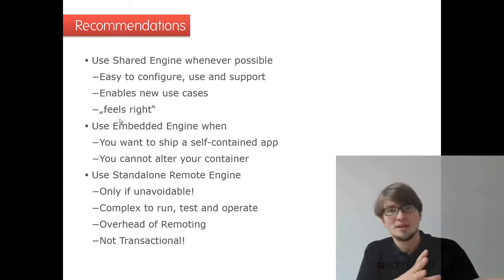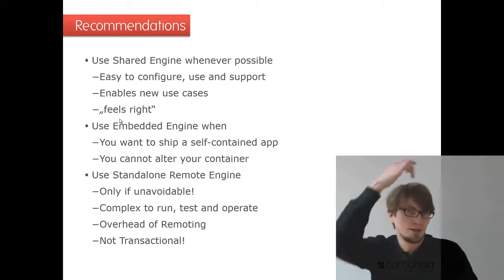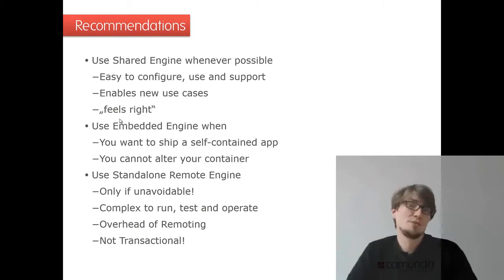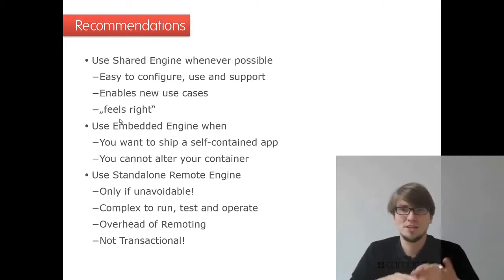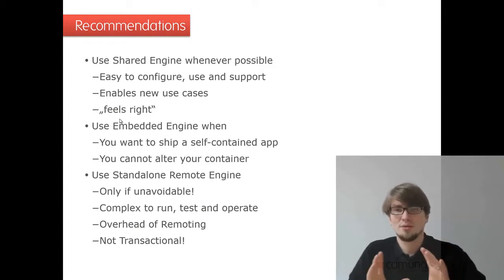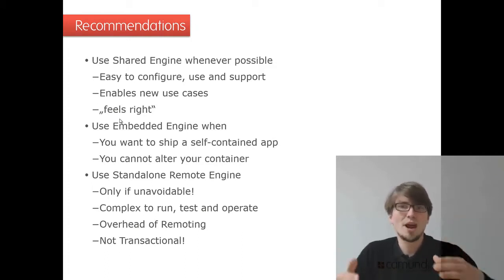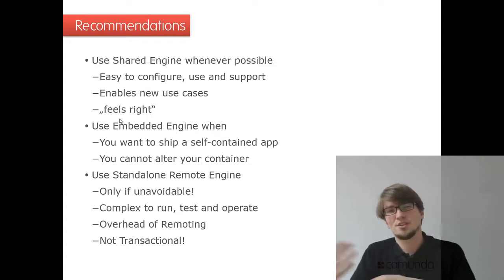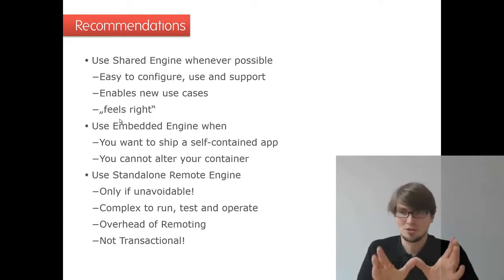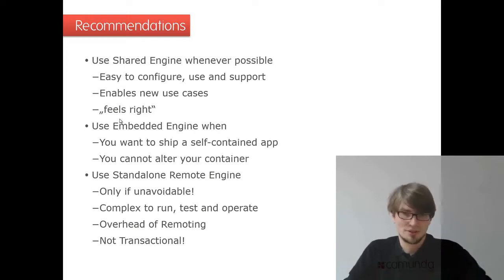There are basically two default use cases when you do that. If you want to ship it within a self-contained application, so you're a vendor, you want to ship your own application, and it's basically a WAR, and you want to ship that one WAR. So everything should be contained within that WAR. Then it might be a good idea to include Camunda BPM there. And if you cannot change the container, so sometimes you have a prepackaged Tomcat or JBoss, and that's a default for the whole company.